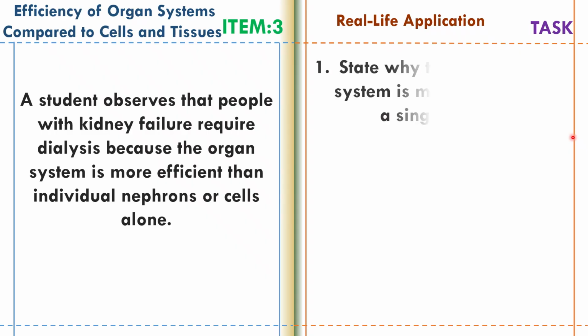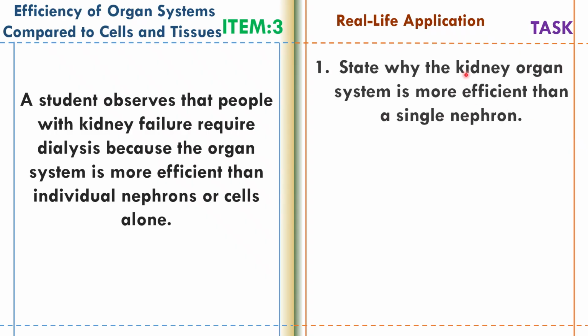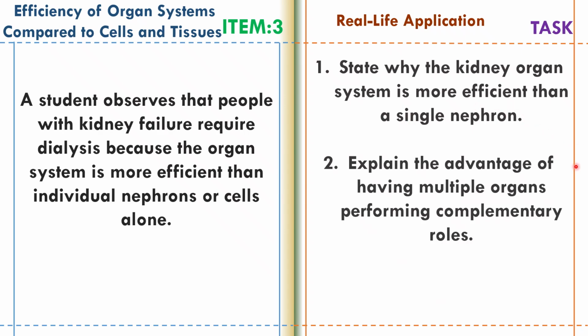Task: State why the kidney organ system is more efficient than a single nephron. Explain the advantage of having multiple organs performing complementary roles. Relate this to organism survival.